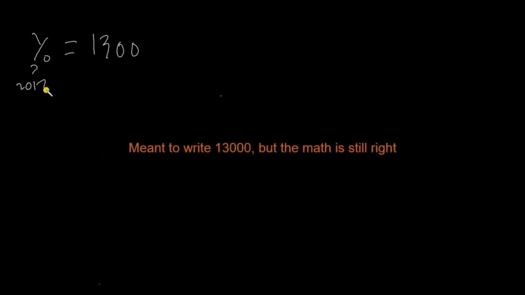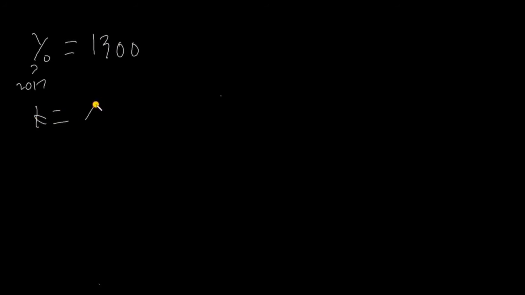So to figure this out, I know that the initial population for the monkeys in 2017 is 13,000. I know that the K value is whatever I said it was in A. And then the time is, the whole point of this is to figure out the population in 2021. So the time is going to be 4 years, because 2017 to 2021.